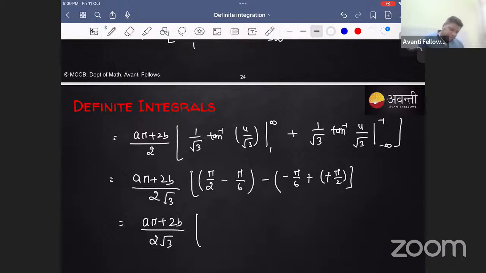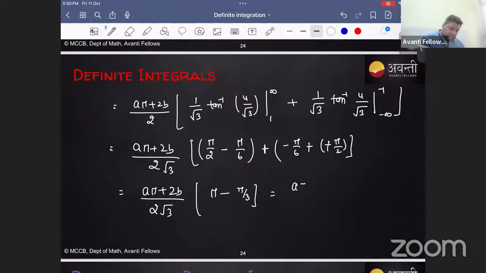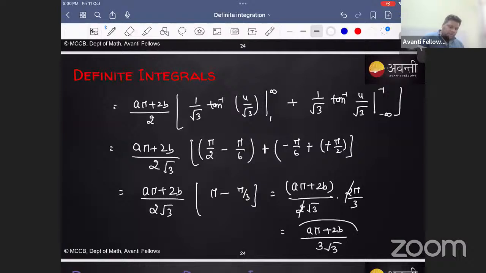It is minus pi by 6 plus pi by 6. Okay, there is a positive sign in between. So it is pi by 2 plus pi by 2, that is pi, minus pi by 3. So it is 2 pi by 3. So a pi plus 2b upon 2 under root 3 into 2 pi by 3. This 2 cancel. So answer is a pi plus 2b upon 3 under root 3. Got it?